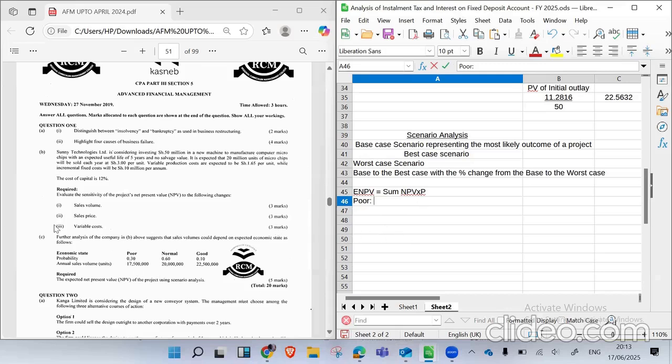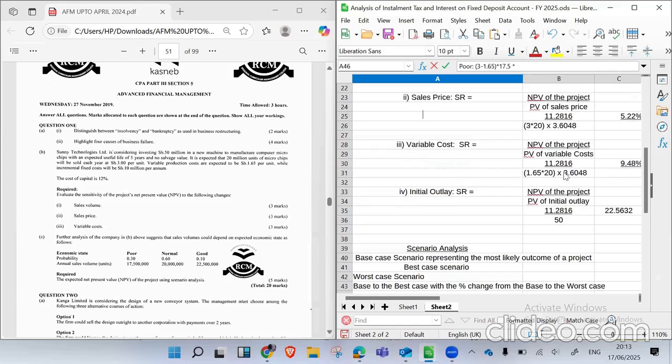Cash flows, can we say annual net cash flows 3 shillings minus 1.65, close the brackets, times 17.5, then we multiply by the annuity factor.